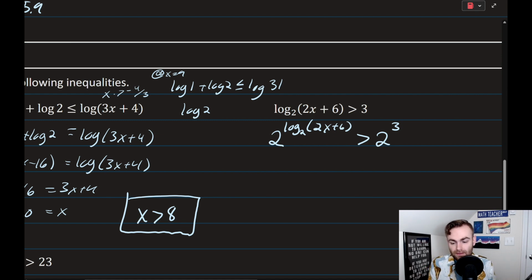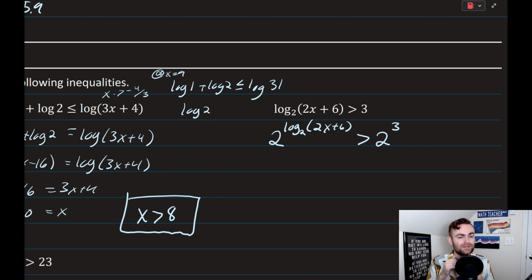Because this is equivalent to this, its greater than or less than values should also be the same. Now, you do have to be careful with these bases. If you use bases like a half, that's decreasing over time, the sign would flip. Because we're using a base greater than 1, it's always increasing over its domain, so then the inequality would hold.